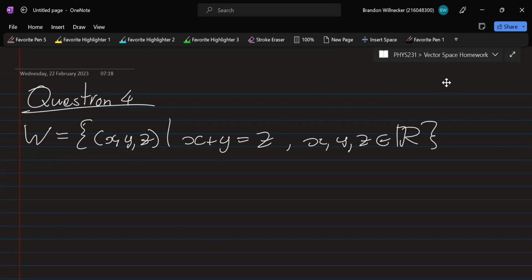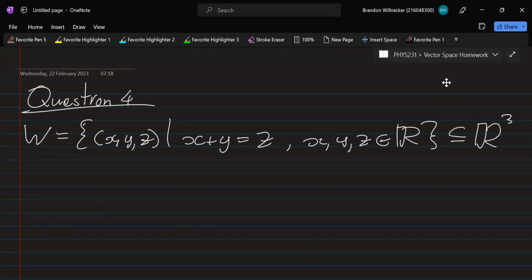So we've got the subset of R3. We want to show that this is actually a vector subspace of R3 if we use the same addition and scalar multiplication that we were using before.